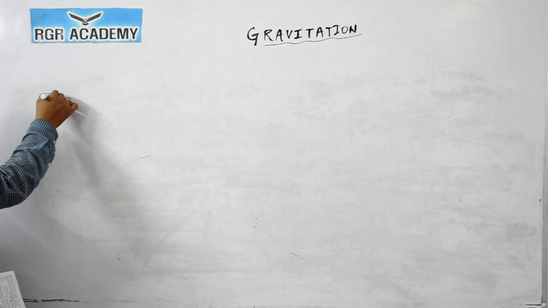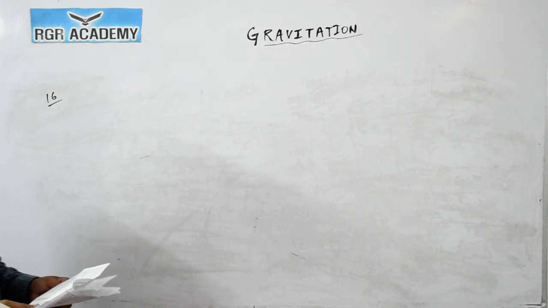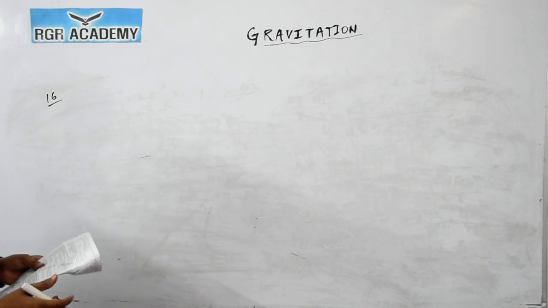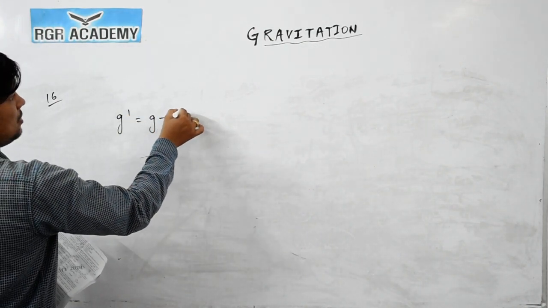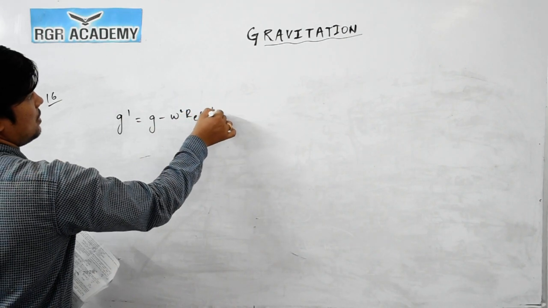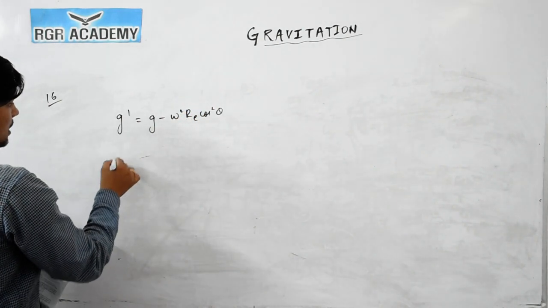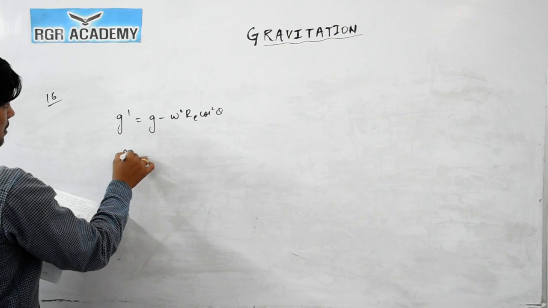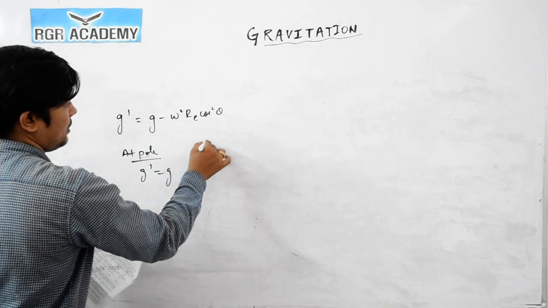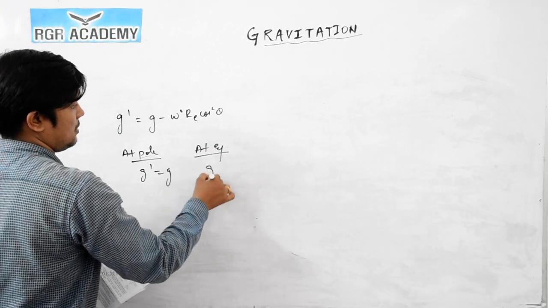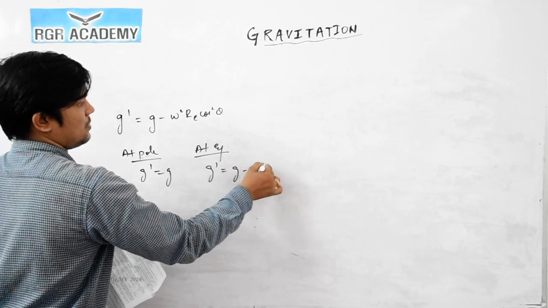Question number 16. The value of g is maximum at poles and minimum at equator. We can say that g dash is given by g minus omega square R e cos square theta. At poles, g dash equals g, and at equator g dash equals g minus omega square R e.